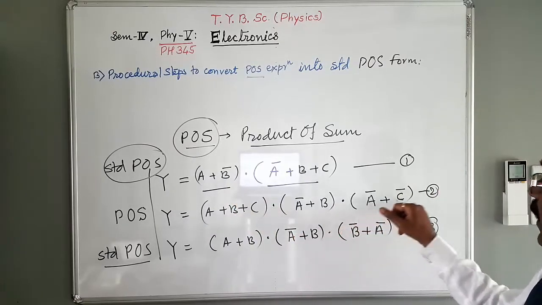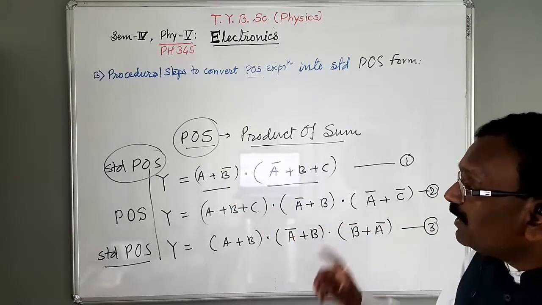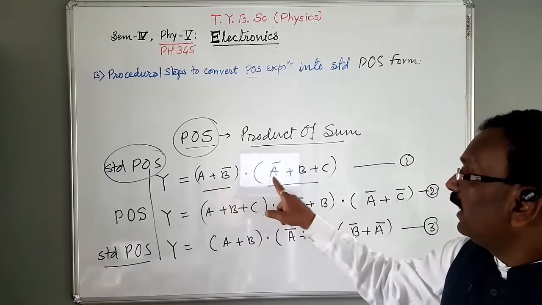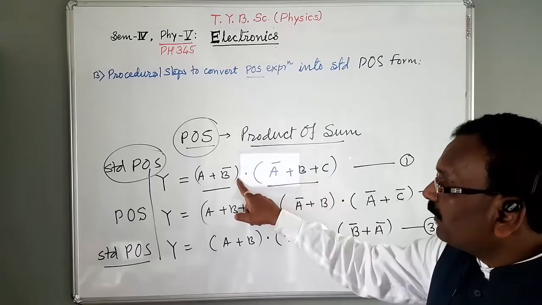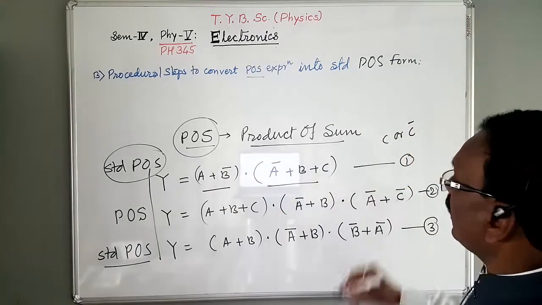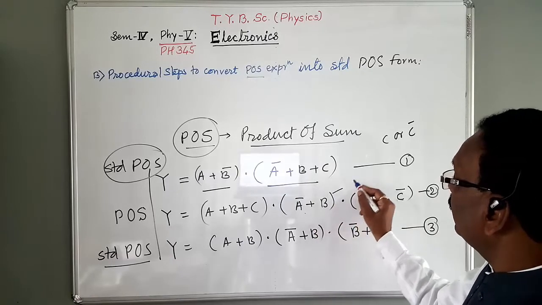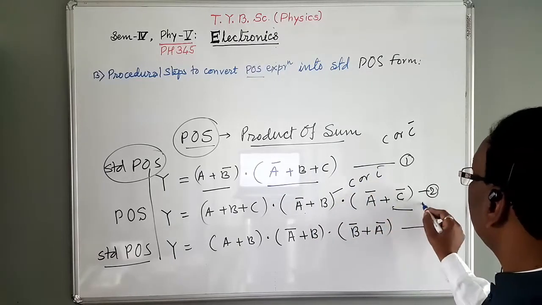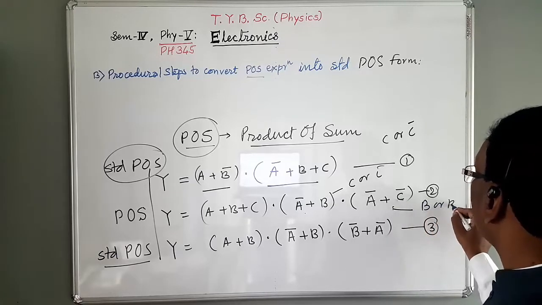But the first term of equation 1, and the second and third terms of equation 2, are missing something. Here only two literals and here three literals. This first term is missing C or C bar, this term is missing C or C bar, and this term is missing B or B bar.